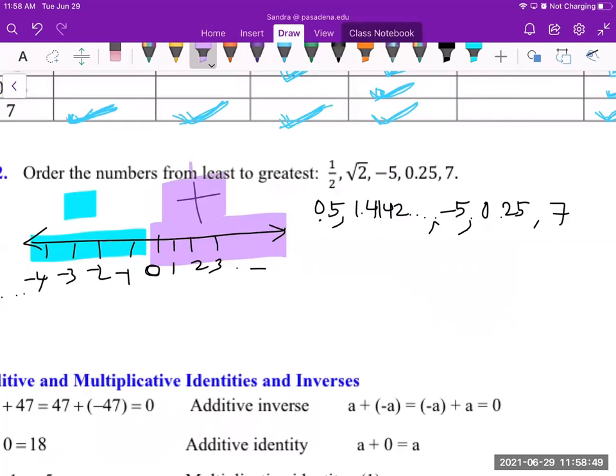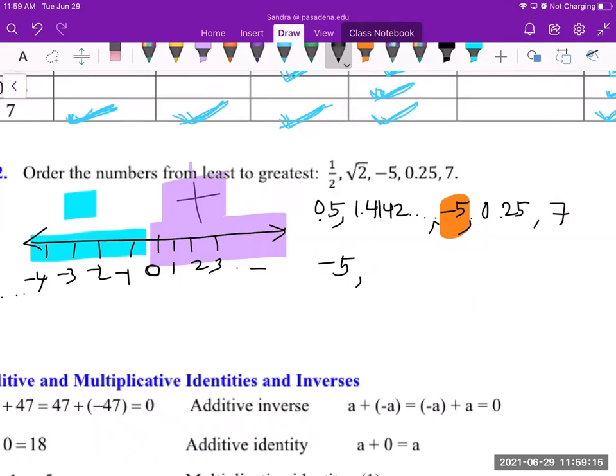You might think of the negative as money that you owe people. If I think in that way, then I can see that -5 will be the smallest one. So this will be -5.